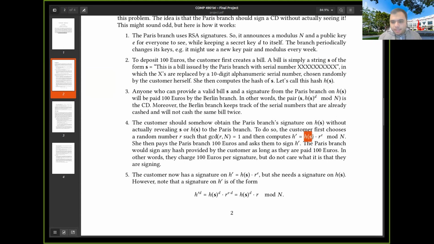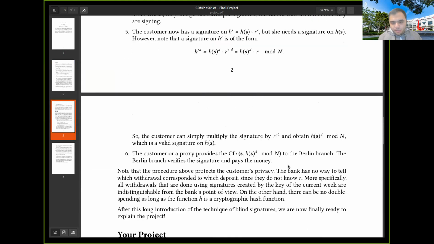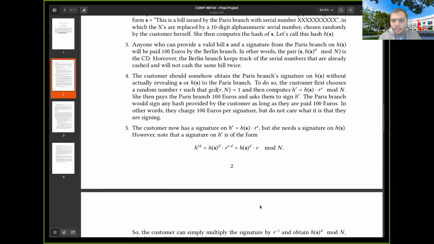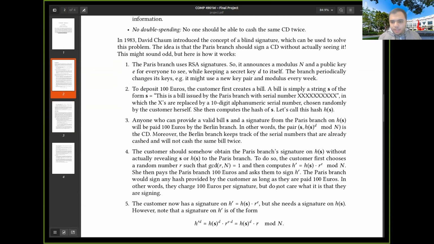But if I use S instead of the hash of S here, then when I want to withdraw, when I go to the bank and give them the S and the signature on S, let's say S to the power of D, what the bank can do is just look at all of the possible deposits that have been made and try to figure out which one is more likely the deposit that corresponded to this withdrawal, right?